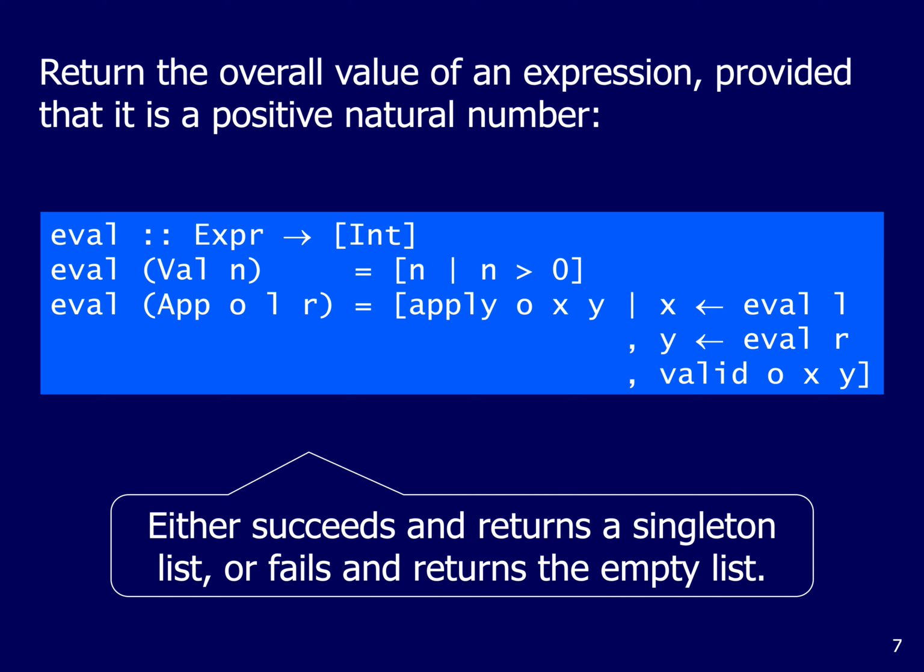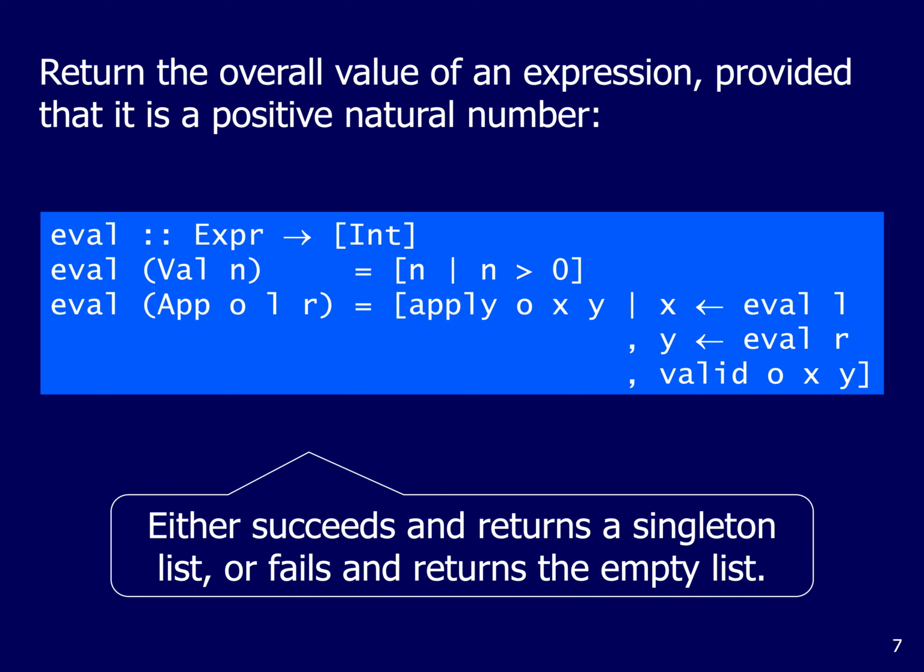So what we're doing first is evaluating the left sub-expression L recursively, and if that succeeds, we're going to call the resulting number x. Then in the second step, we're going to recursively evaluate the right sub-expression, and if that succeeds, we're going to call the resulting number y.